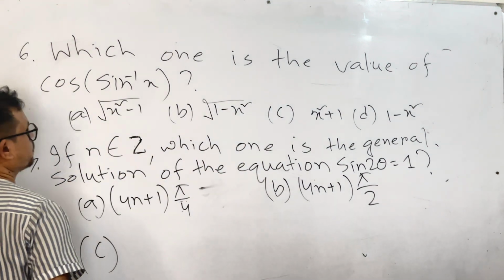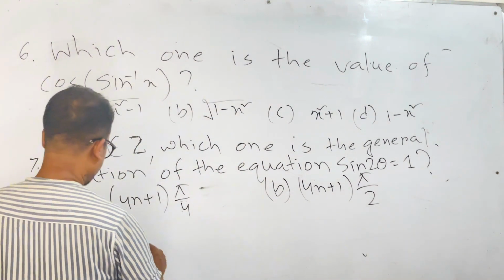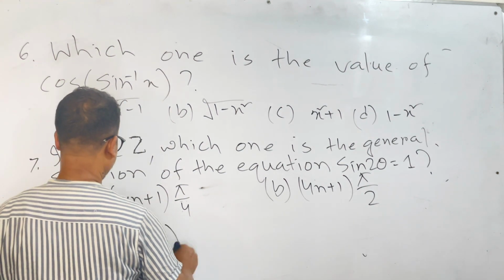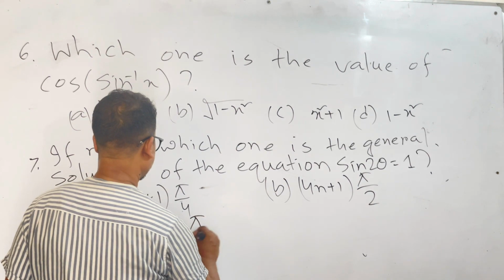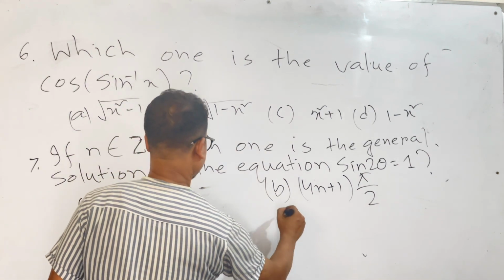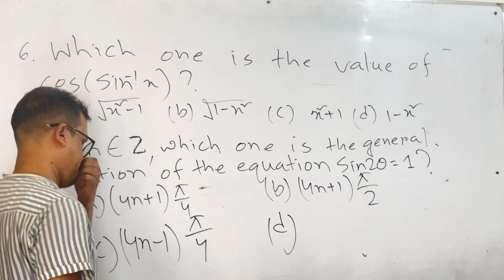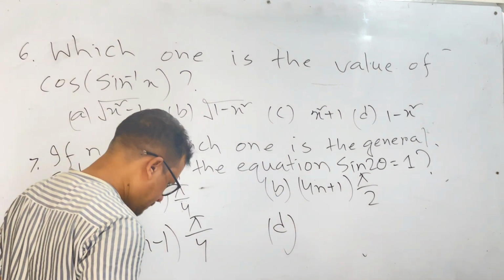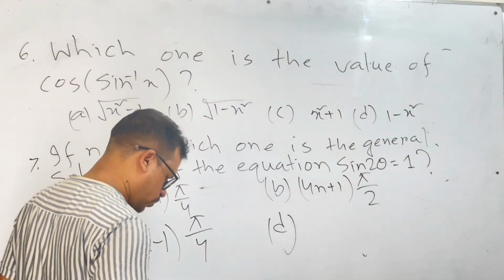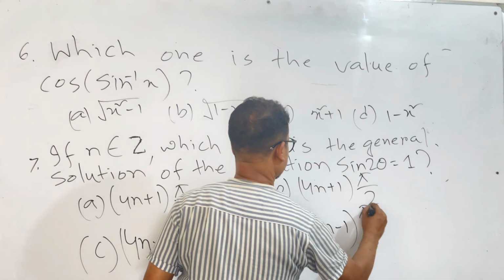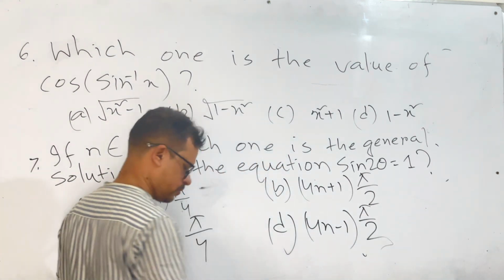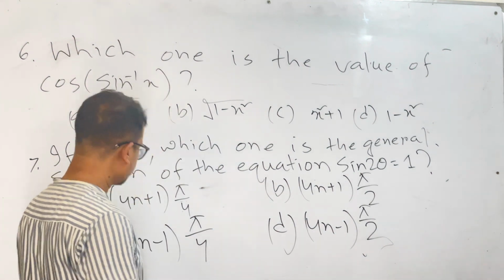C, 4n minus 1 pi over 4. D, 4n minus 1 pi over 2.